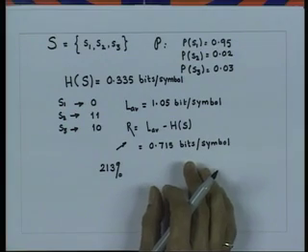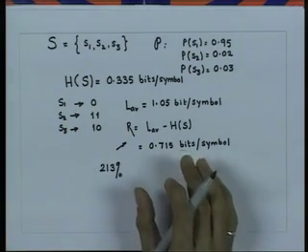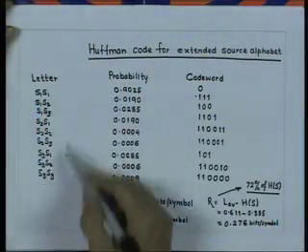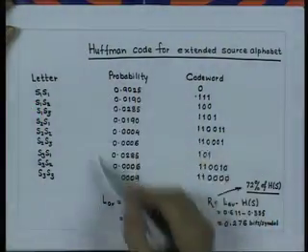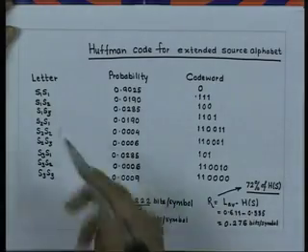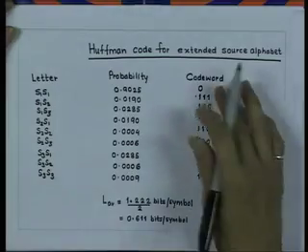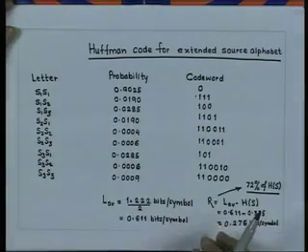Now, same source, if we block the symbols in blocks of 2 and then code, we can find the Huffman code for the second extension of this source, and that is as shown here. So, we take the second extension of the source, we calculate the probabilities of the new symbols, and we can find the Huffman code for this new source.